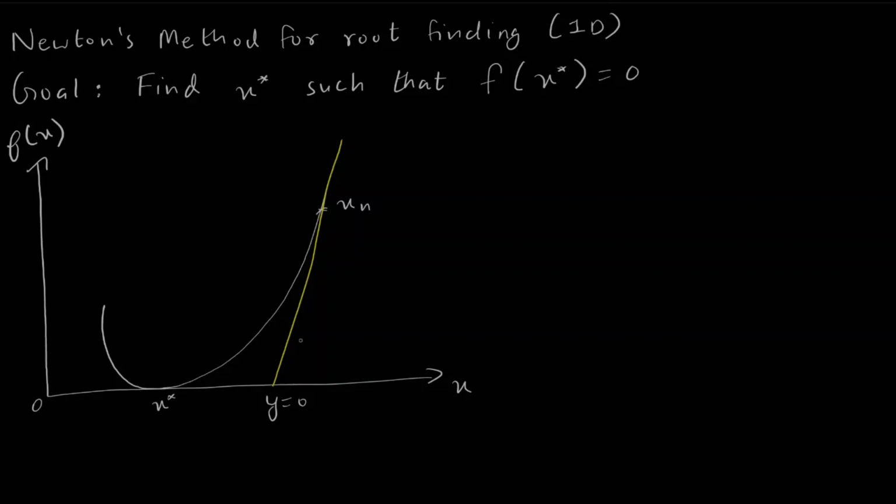So let's find out the slope for that line. We know that the slope is the derivative of the function at that point, and we know how to compute the slope of a line. You subtract the y values at these 2 points. So you take this point and you take this point, and you construct the slope from these 2 points.